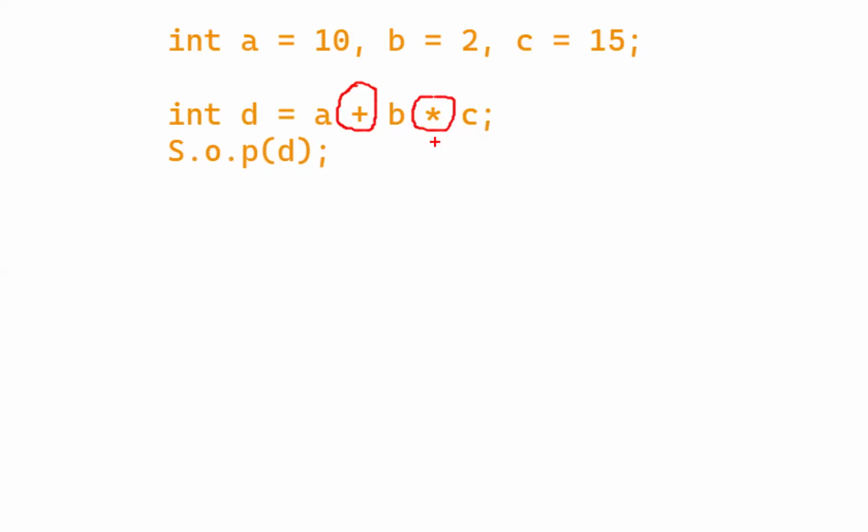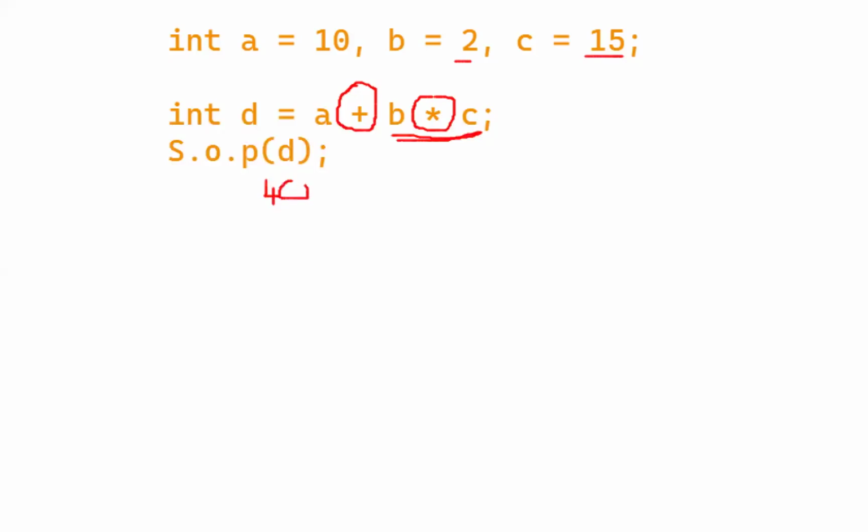Okay, but first, which one will be evaluated? Multiplication. What's the b value? 2. The value of c is 15. So first 15 into 2, 30. Then plus 10, 40. What's the output now? 40.